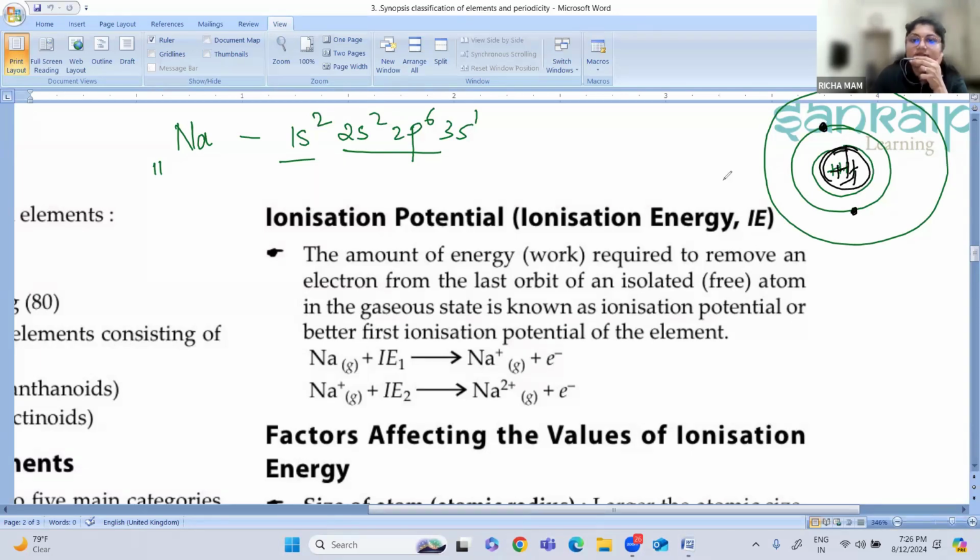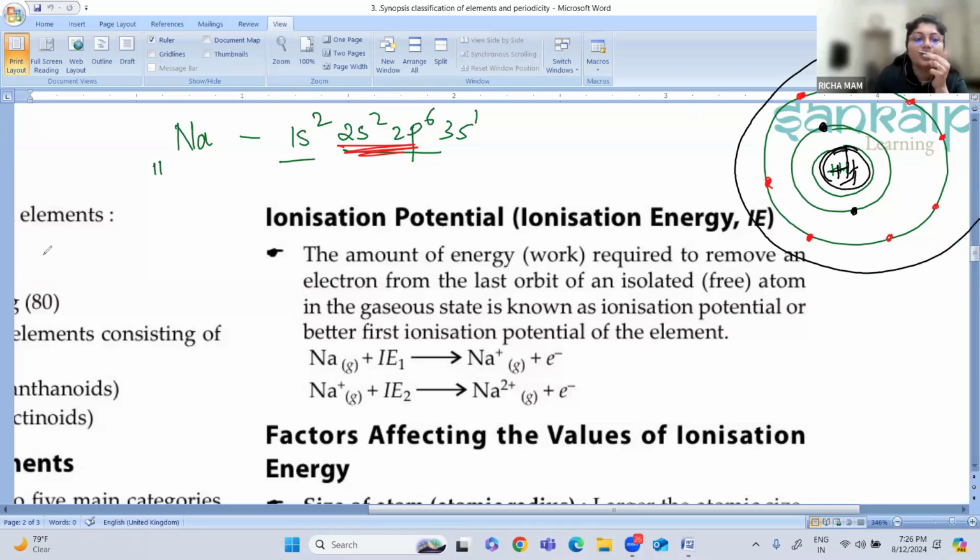Then the electron distribution will start. In the first shell, two electrons are there. Then in the next shell, 8 electrons are present. Then you have one more shell, the third shell.